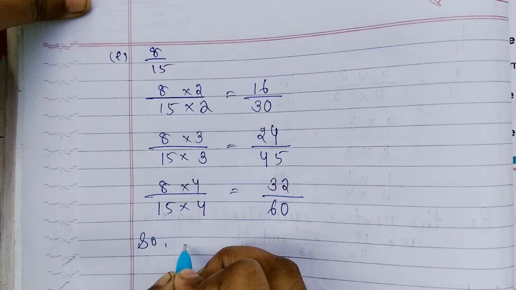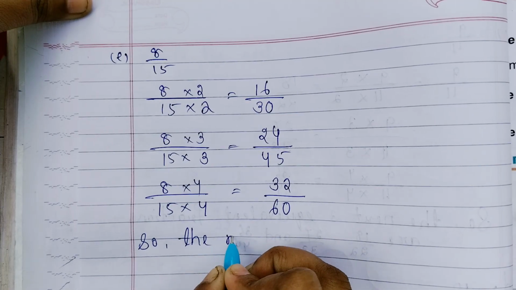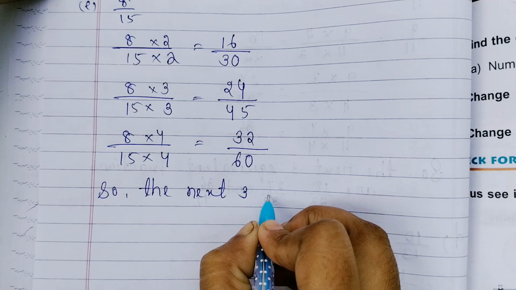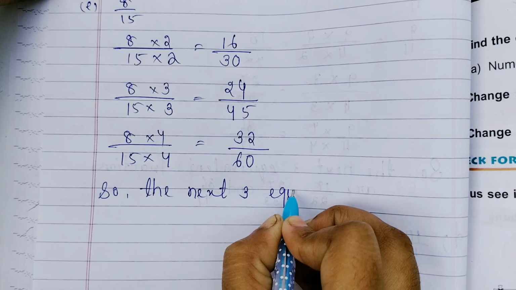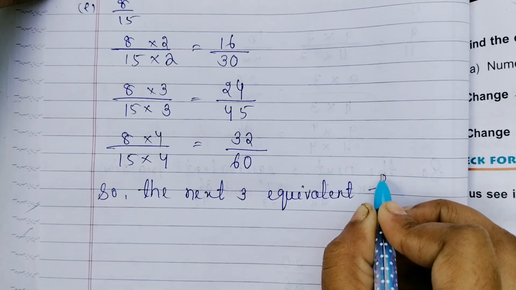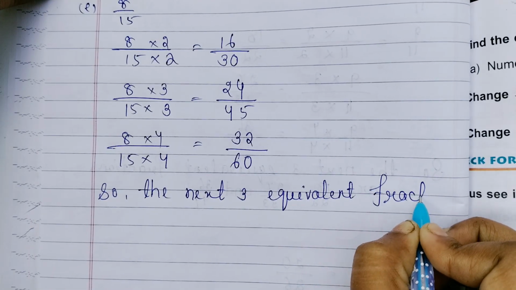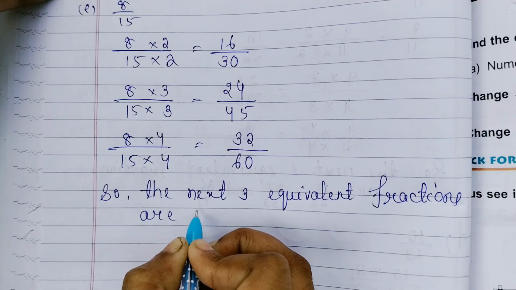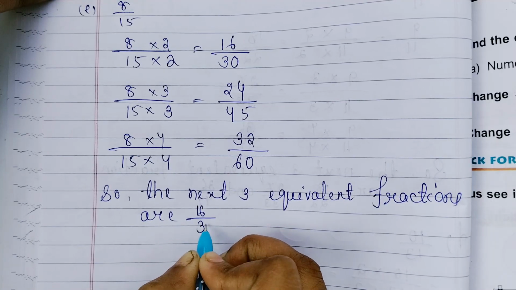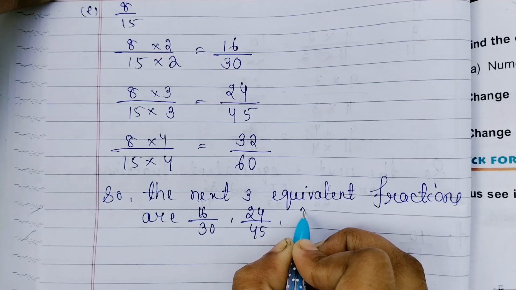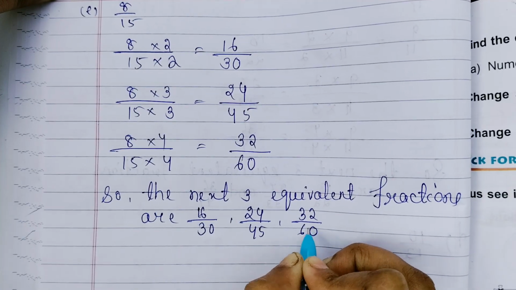So the next three equivalent functions are 16 by 30, 24 by 45, 32 by 60.